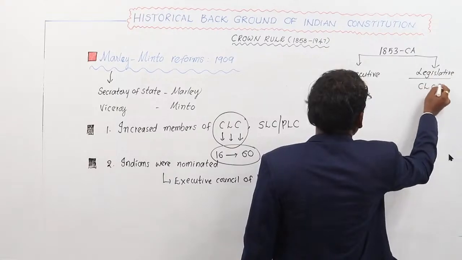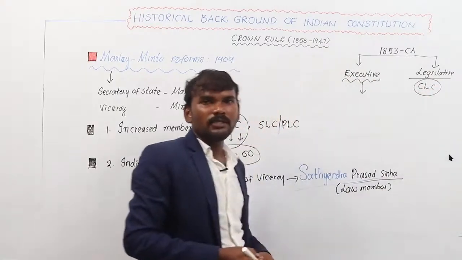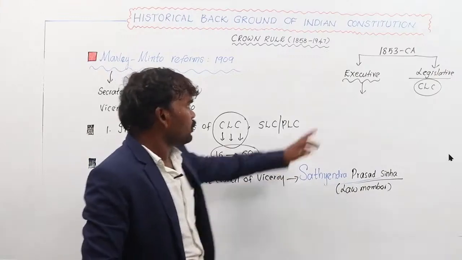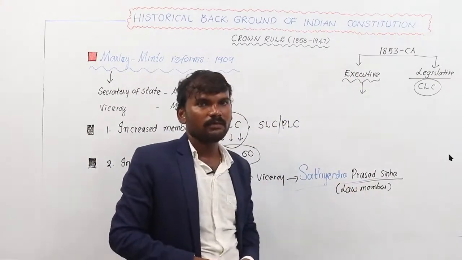In this, the Central Legislative Council was established, and the Executive Council was under the chairmanship of Viceroy. To this Executive Council of Governor General or Viceroy, Satyendra Prasad Sinha was nominated for the first time.